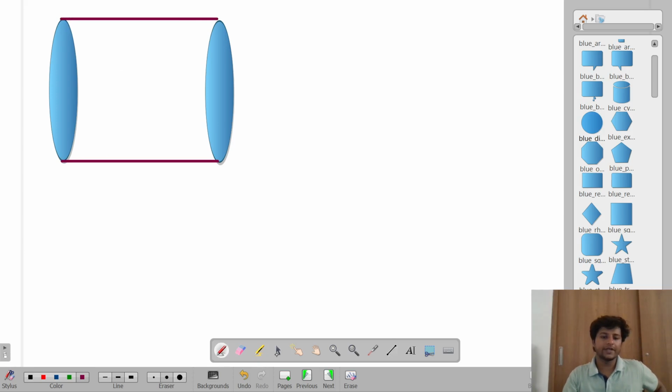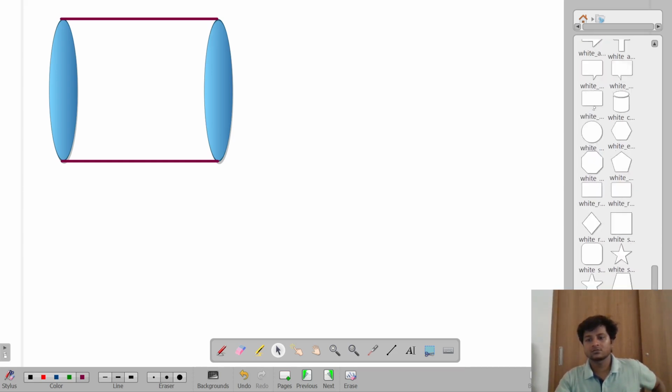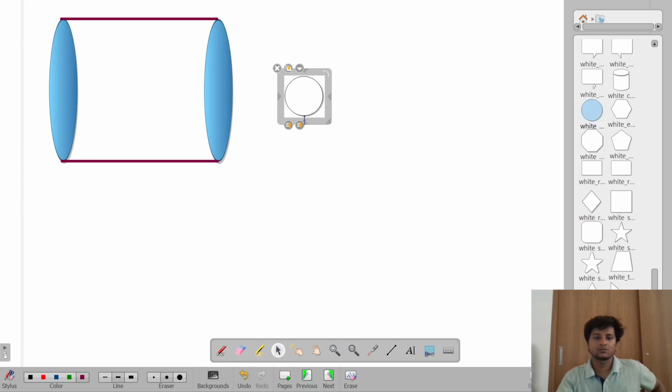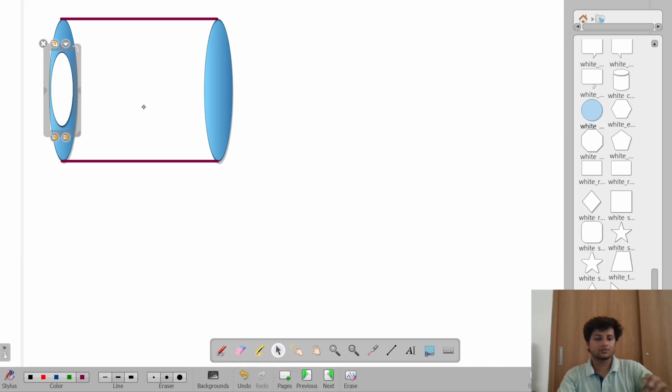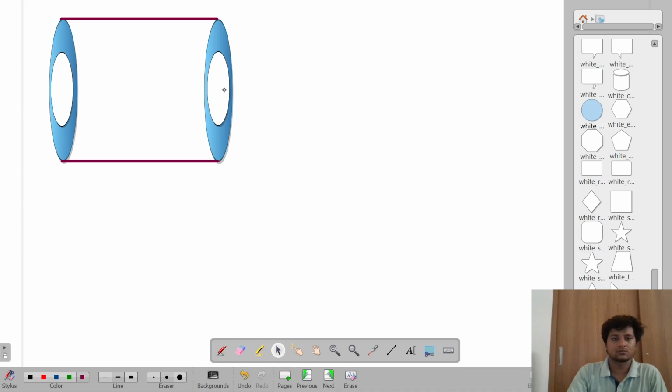I have a solid cut cylinder, like this way.